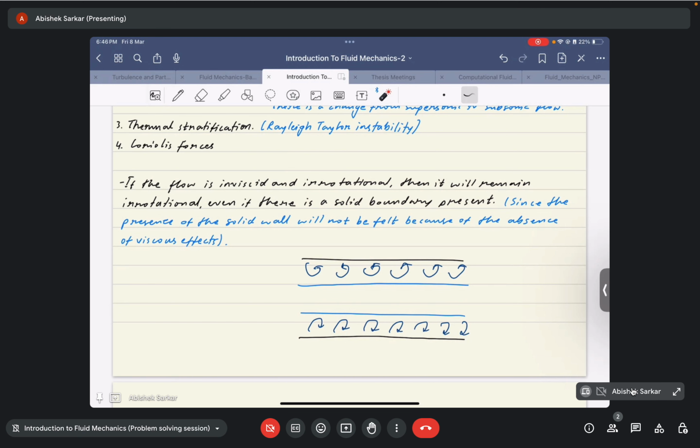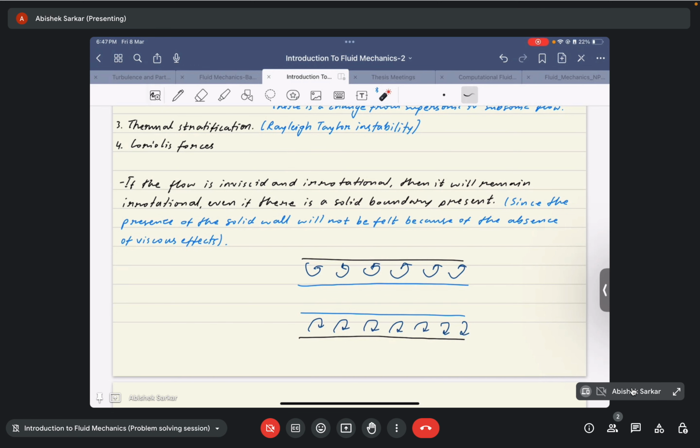So that is the concept that we are trying to say here. But again, this is just for approximation's sake. It is correct, but in reality it's not possible because various factors come into the picture.